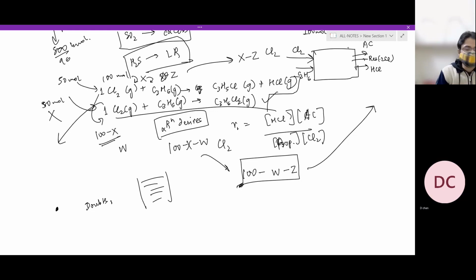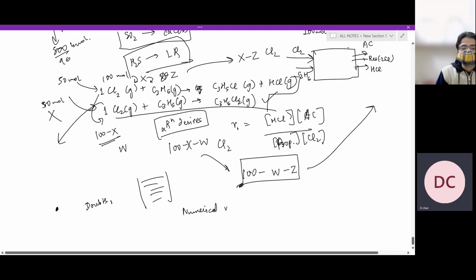I'll welcome everything. I don't think you have a lot of problems in the numerical part, numerical methods. But next time we'd be discussing the system of nonlinear algebraic equations.